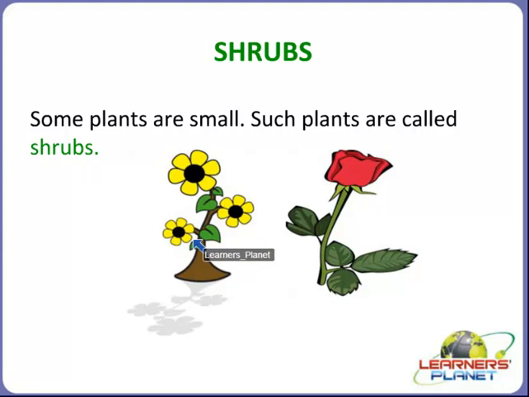So children, we can see here that this plant has a very small woody stem. This is a sunflower plant. And this is a rose plant. So, the sunflower plant and the rose plants are called as shrubs.